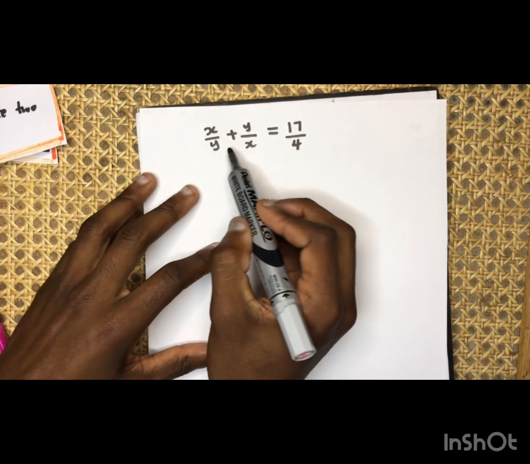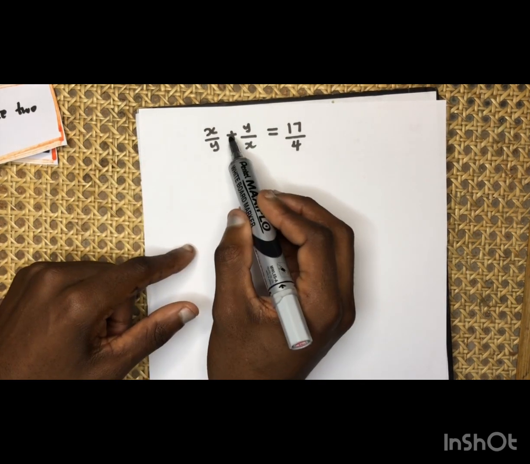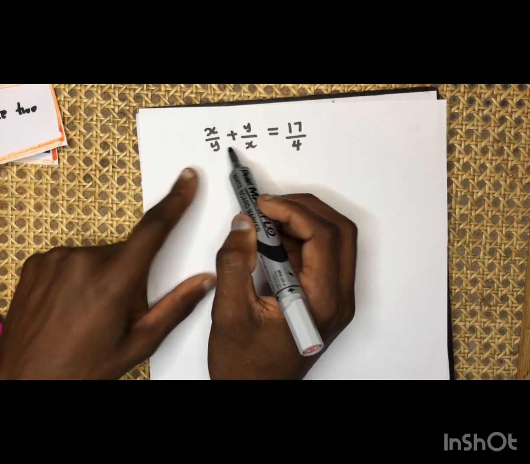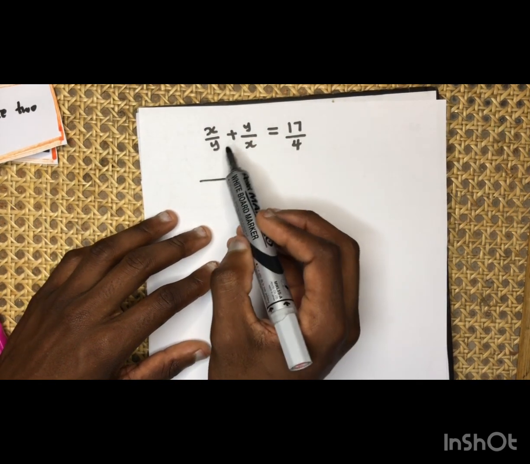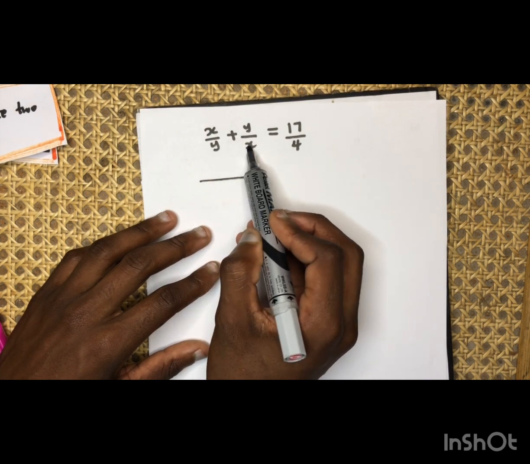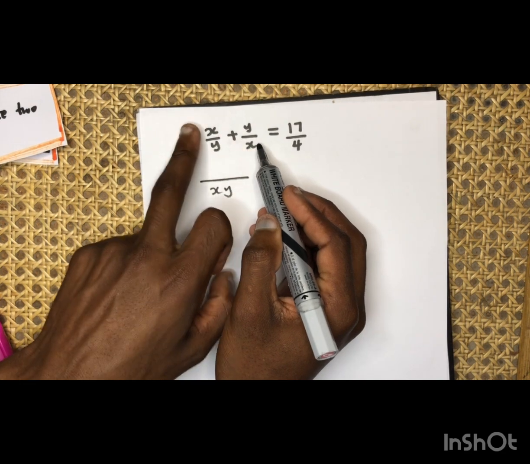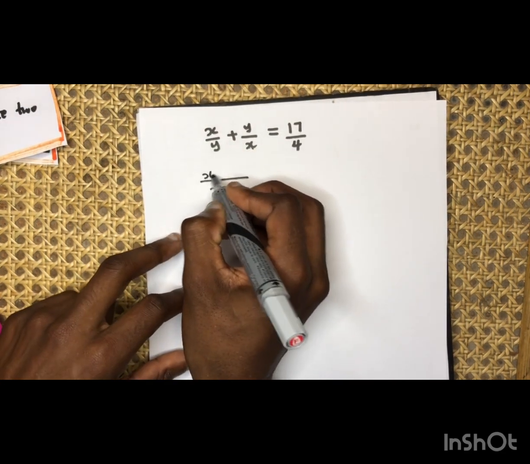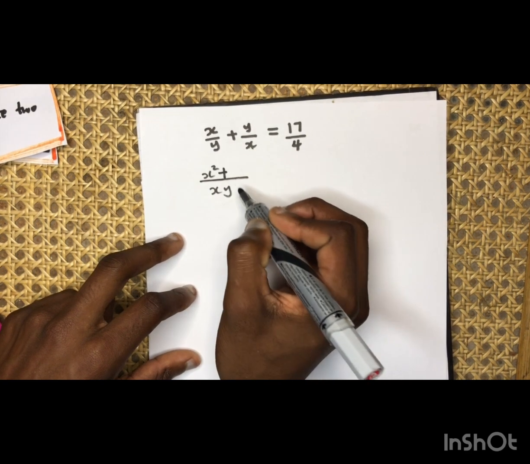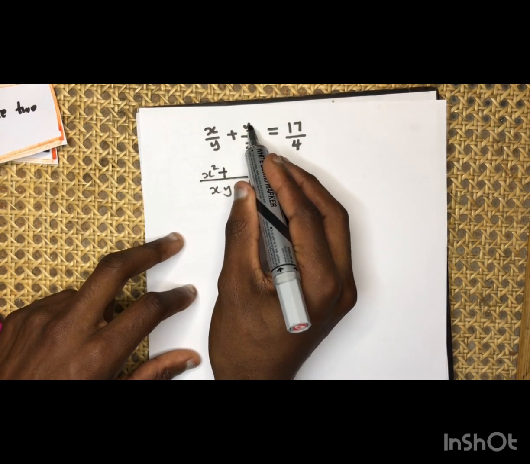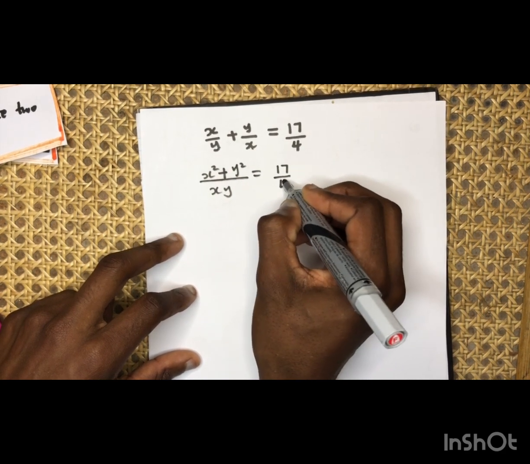If I try to fix this one and get the LCD here, the LCD will be y times x. I normally tell my learners that you just multiply y times x, you get xy. Then you say x times x, you get x squared. Then y times y, remember you have to keep the sign. Y times y, you get y squared equals 17 over 4.